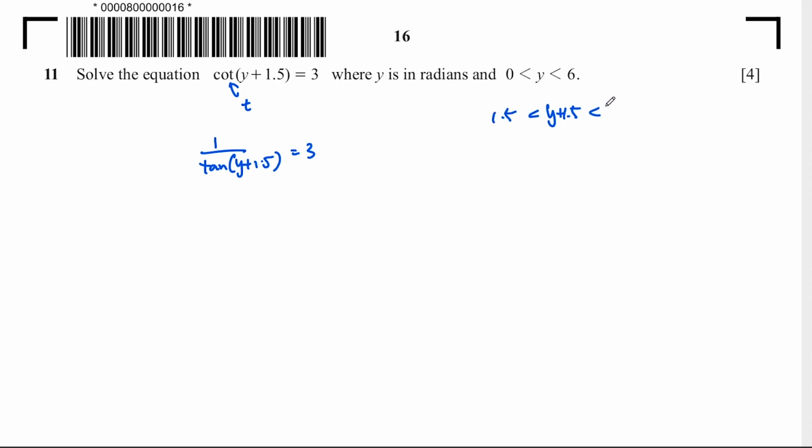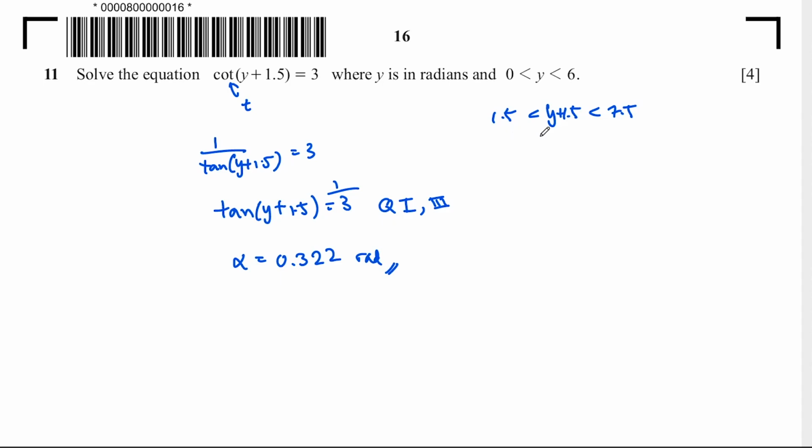I know my basic angle lies between these two values. So tangent of (y plus 1.5) is 1 over 3. Tangent is positive, so it exists in the first and third quadrant. Typing into the calculator for the basic angle, you should get 0.322 radians, of course.